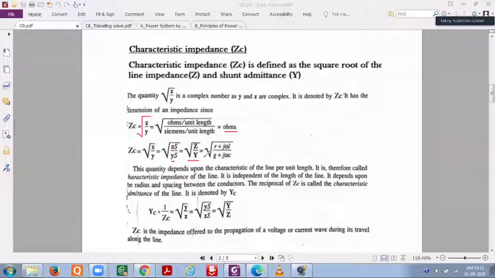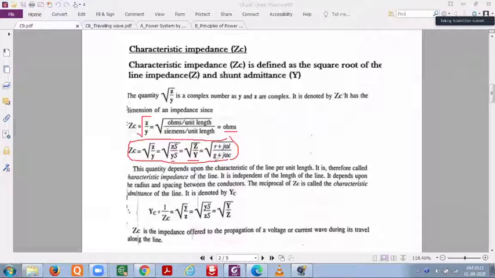Now I want you to notice this equation ZC. What are the terms it has? It has Z and Y. Z is nothing but again resistance and inductive reactance.